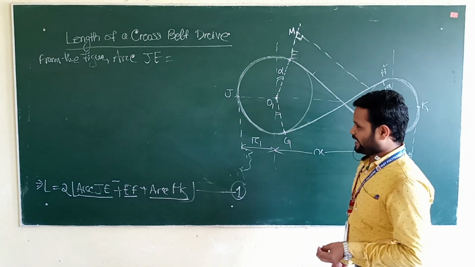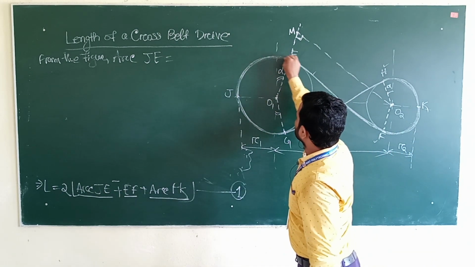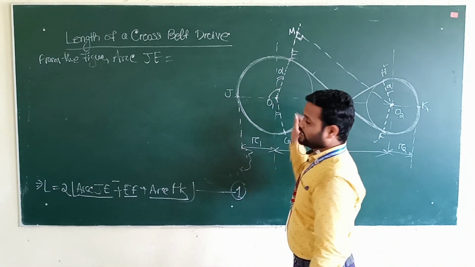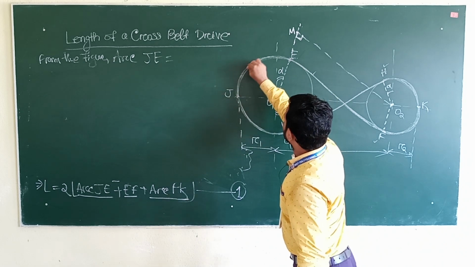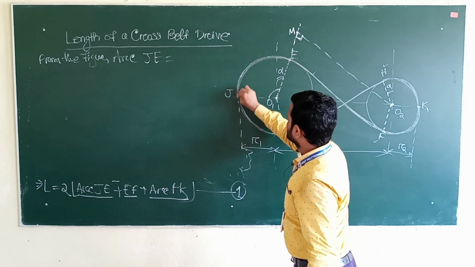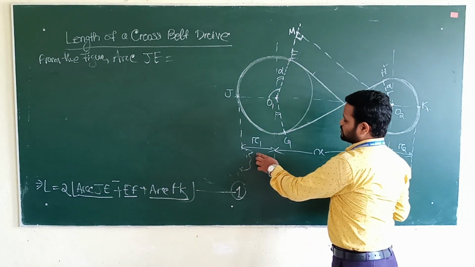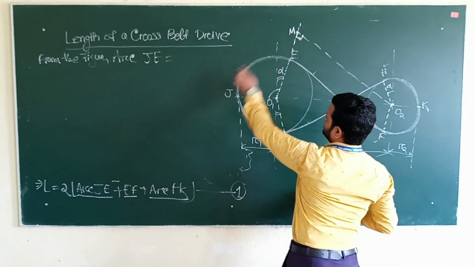Here we calculate the length of the arc, which is equal to radius multiplied by angle. So here we calculate the arc JE length. What is the radius of this circle? R1. So radius multiplied by angle gives the arc JE length.